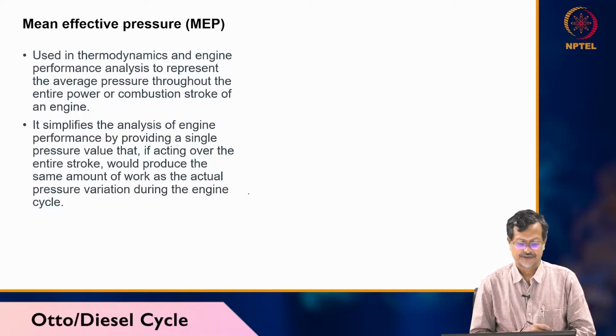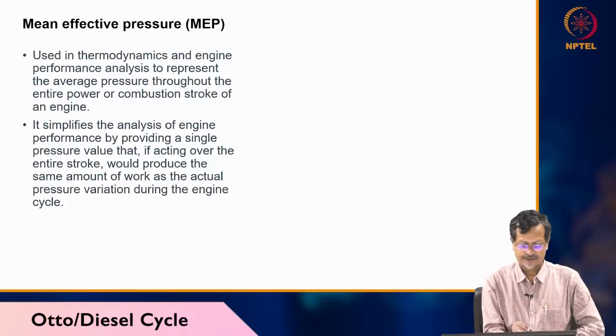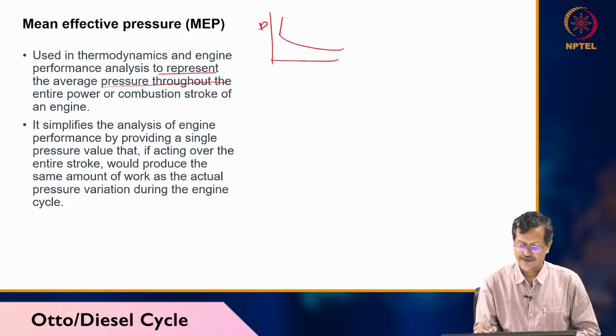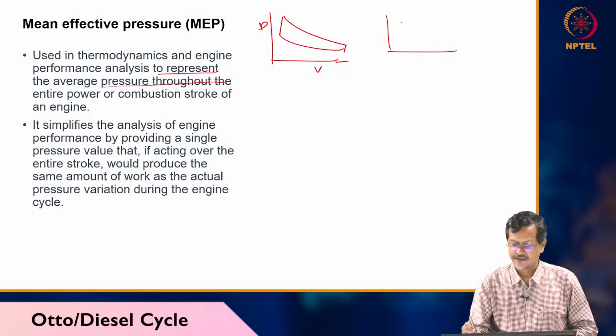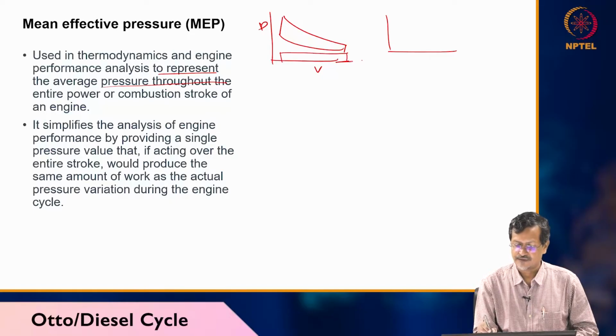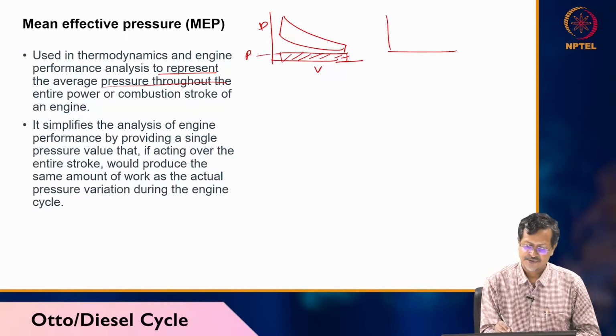Mean effective pressure is used in thermodynamics and engine performance analysis to represent the average pressure throughout the entire power stroke. So you can see the pressure and volume diagram, whatever I have drawn. The pressure is changing actually, but if I assume the average pressure is here, this is P max, P min may be 0.